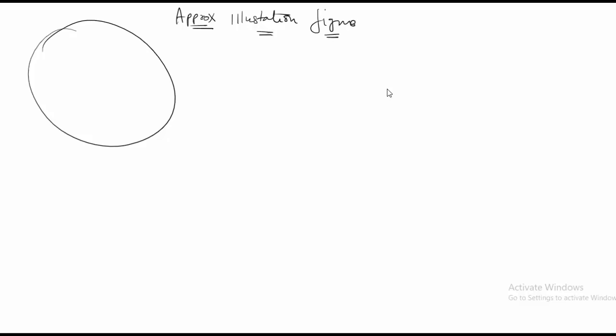If this is my stator, and I'm having the south and the north poles, this is a salient pole construction.